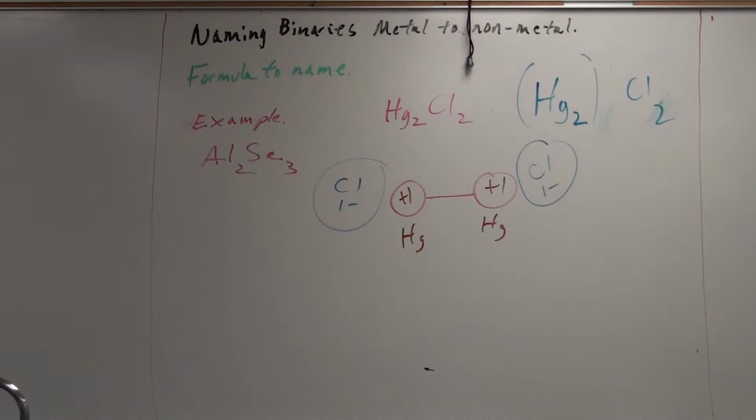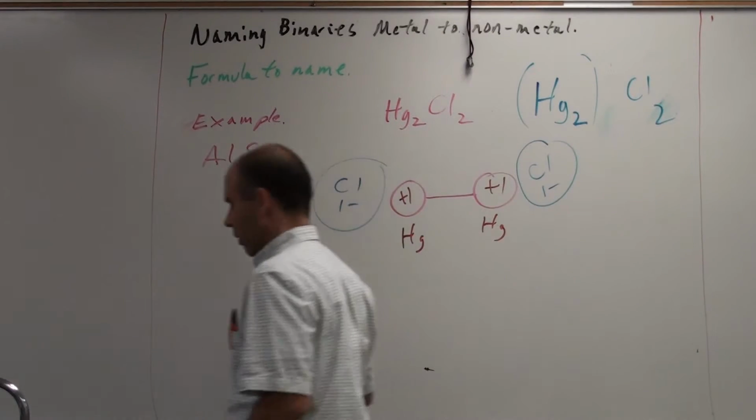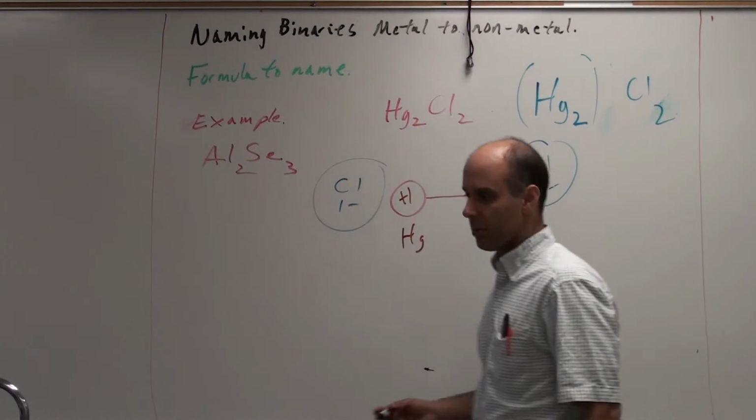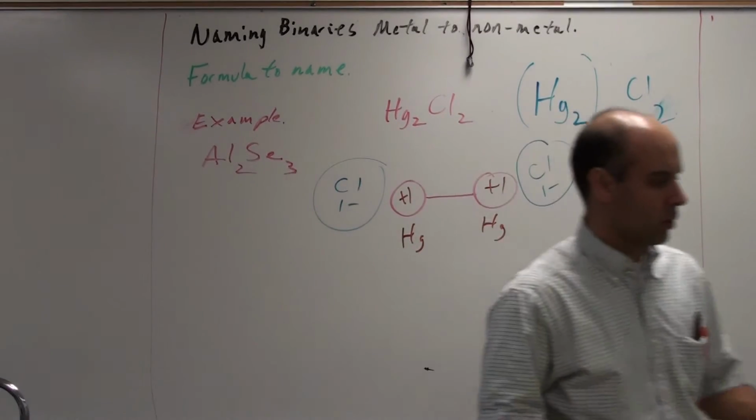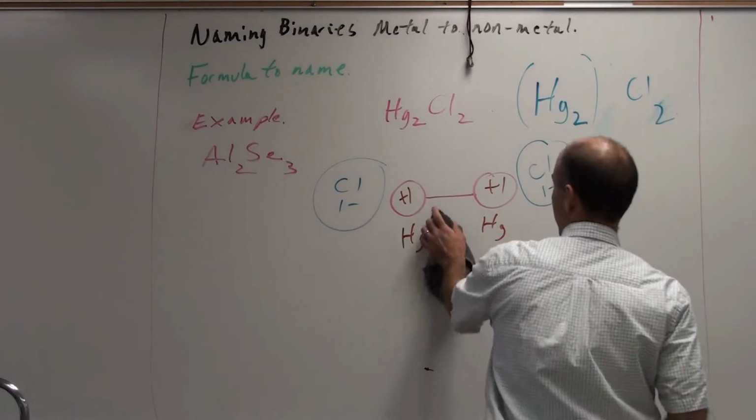Is there another question? Then there's one last thing I want to point out to you when it comes to naming binaries, and it's an old way of doing it, but you will still encounter it every once in a while.